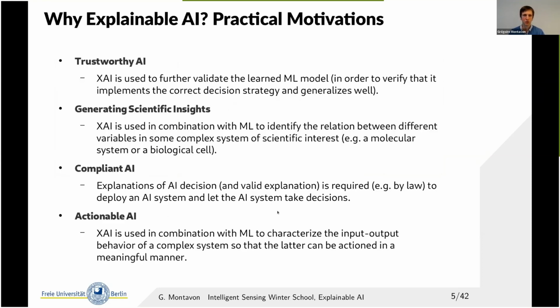Okay, now let's come to the motivation. So why do we want explainable AI? And there are roughly 4 main motivations for explainable AI. The first one is to try to build more trustworthy machine learning models. And here, XAI, for example, can be used to further validate the machine learning model. For example, to verify that it implements the correct decision strategy.